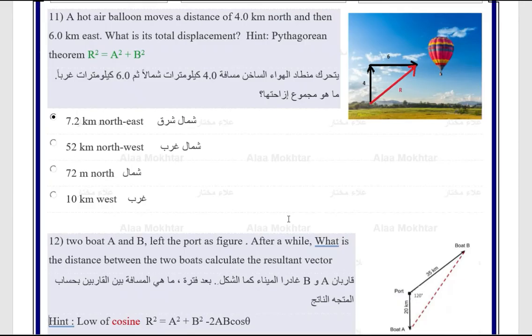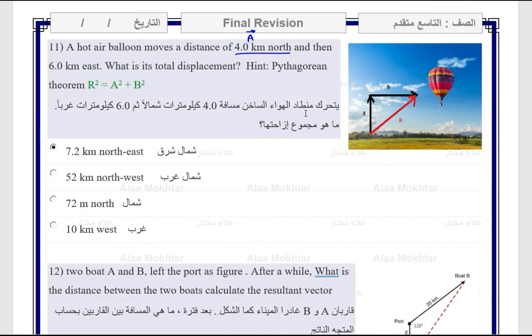Next question. A hot air balloon moves a distance of 4 kilometers to the north. This is the first vector, A vector. It's equal to 4 kilometers and directed to what? Directed to north. And then 6 kilometers to the east. Vector B, the second displacement, is 6 kilometers to the east.